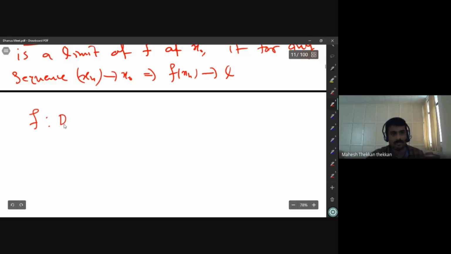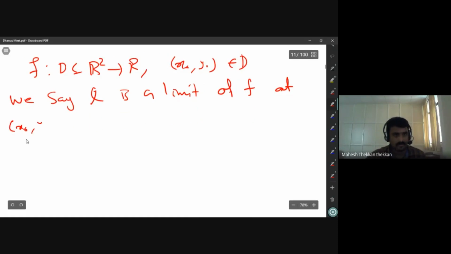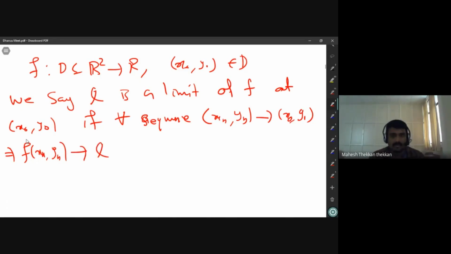So you have a function f from D, a subset of R2, to R, and some (x naught, y naught) is an element in D. We say L is a limit of f at (x naught, y naught) if for all sequences (xn, yn) converging to (x naught, y naught), f(xn, yn) converges to L. So you have to consider all sequences (xn, yn) converging to (x naught, y naught).